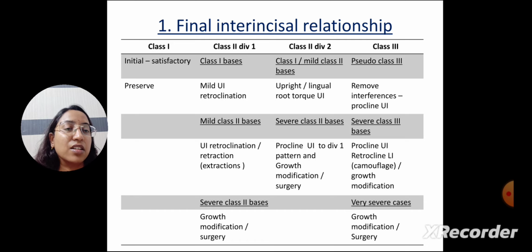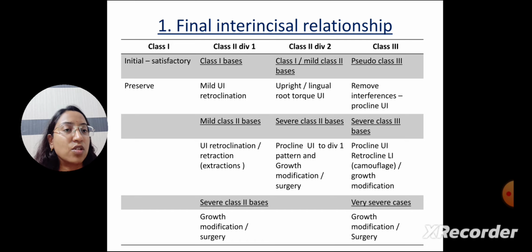So that is for a mild class 3. Whereas for a severe class 3 case, which can be managed with dental correction, we tend to procline the upper incisors and retrocline the lower incisors so that a good interincisal relationship is achieved. This is a camouflage treatment.